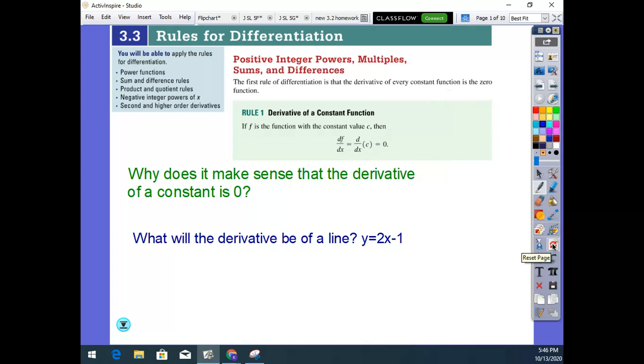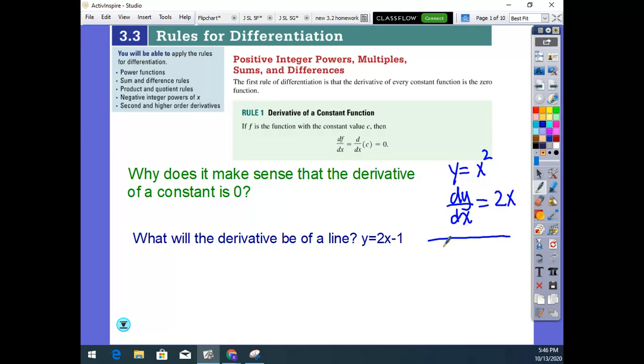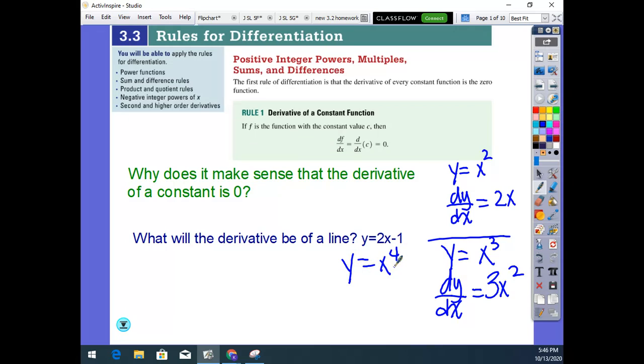All right, so let me just show you some examples. If my function is x squared, the derivative is 2x. If my function is x to the third, my derivative is 3x squared. If my function is x to the fourth, my derivative function is 4x to the third.